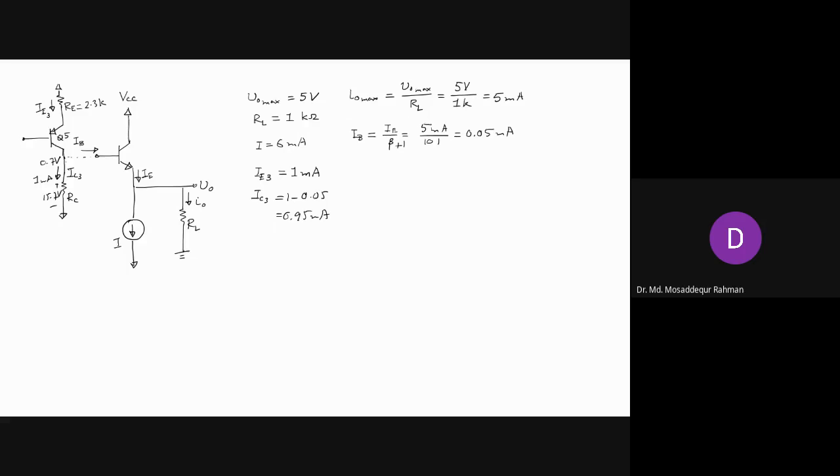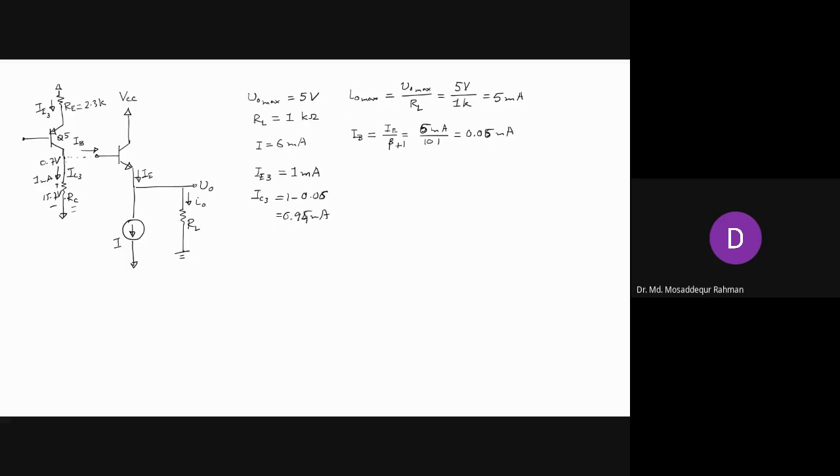Sorry, you wanted to say it's 6 too, right? Yes, sir. No, yeah, that's a mistake. So I should be 6. So then that means IB will be 0.06, and this is 6, so this will be 0.94. So a little bit decrease in the bias current, and so you'll need to increase the value of resistance by the same margin, so that for the voltage drop here, you get 15.7 volt.